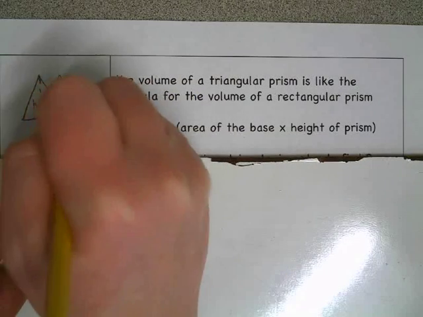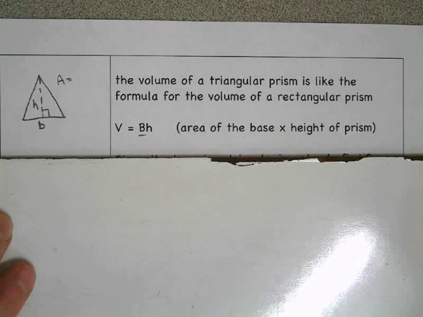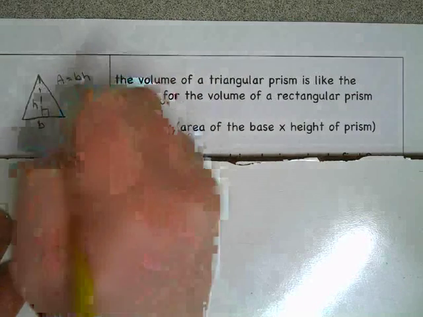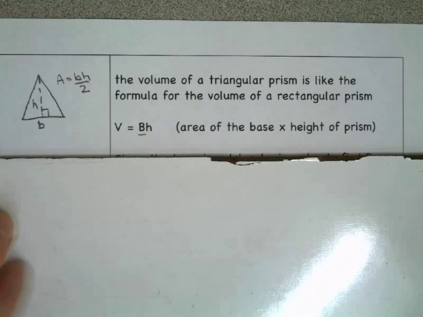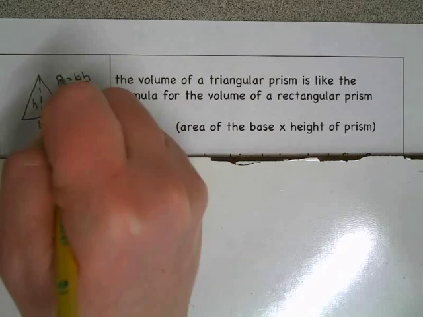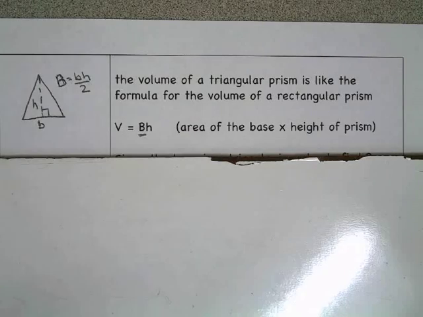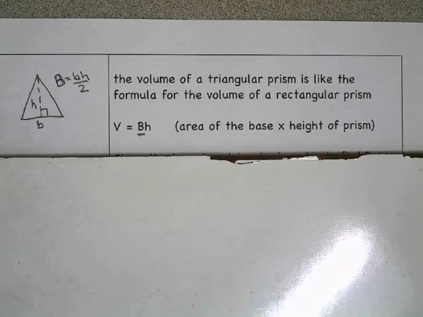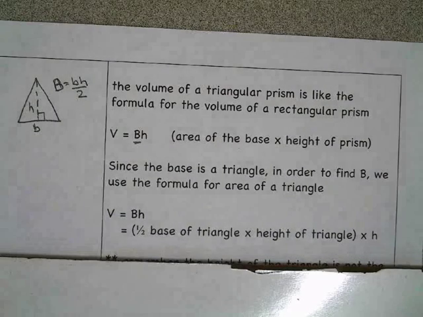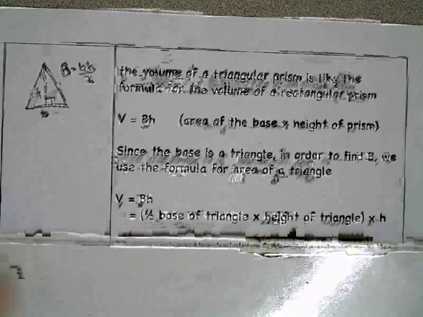So the area of the base, if it's a triangular base, is the base times the height divided by 2. This is what big B is in that formula.